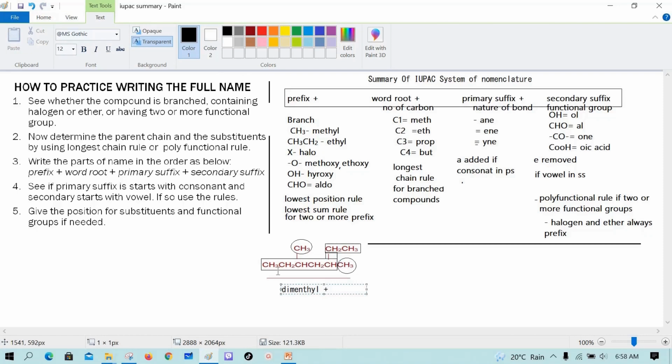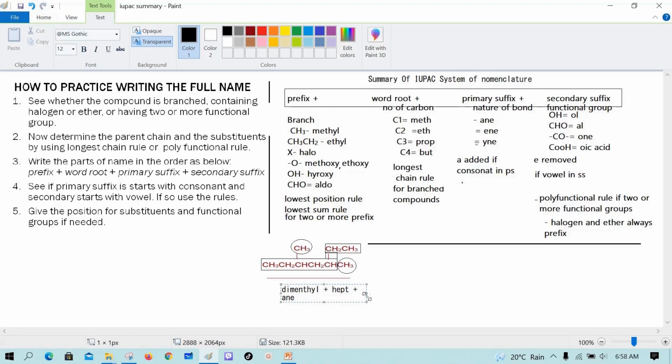For the word root we have to count the number of carbons in the parent chain. 1 2 3 4 5 6 7. So for 7 we have hept, and then plus primary suffix. There is a single bond, that's why we use ane, and then plus secondary suffix. For the secondary suffix there is no functional group, that's why we don't need that.